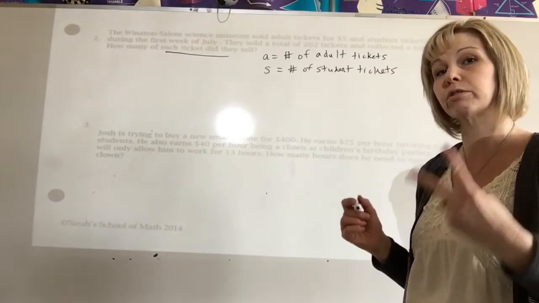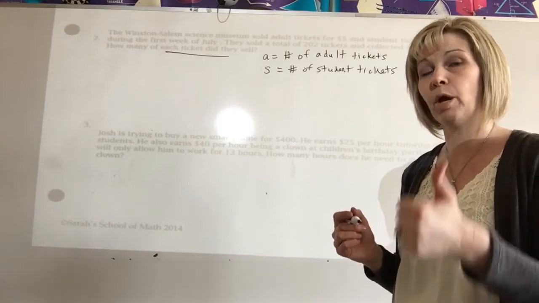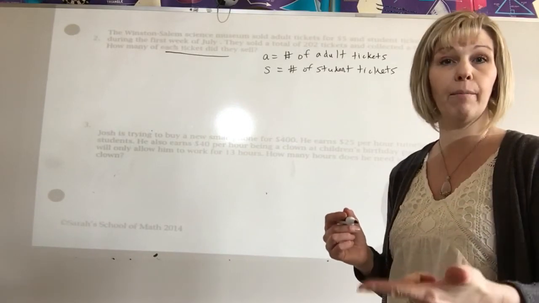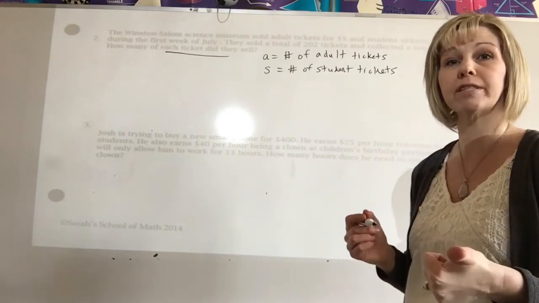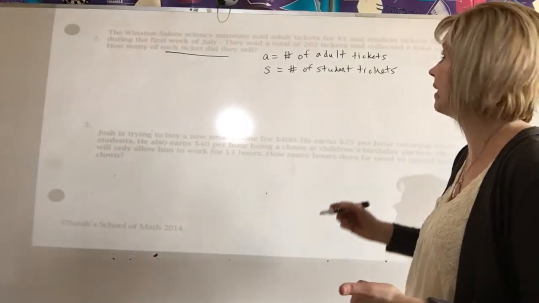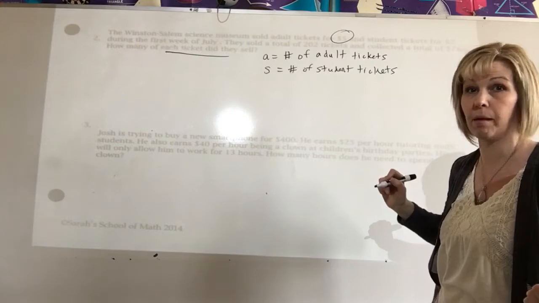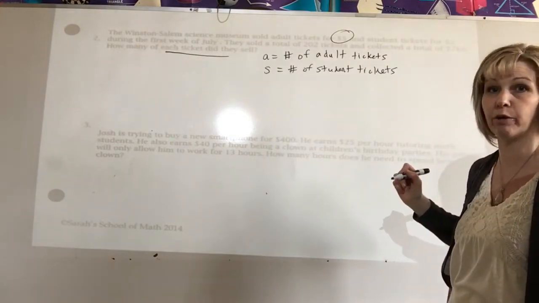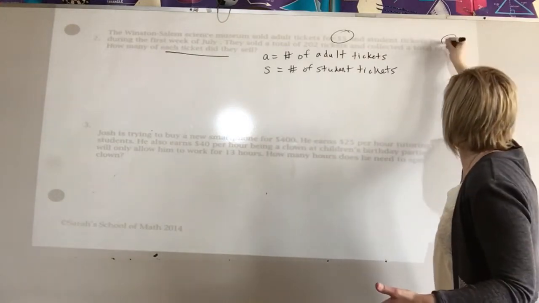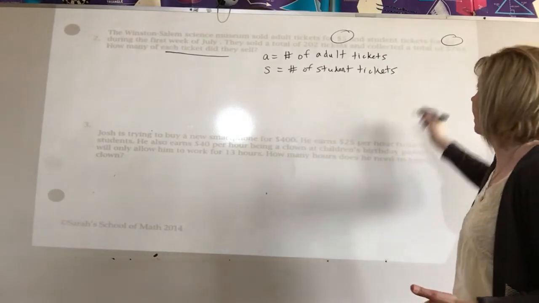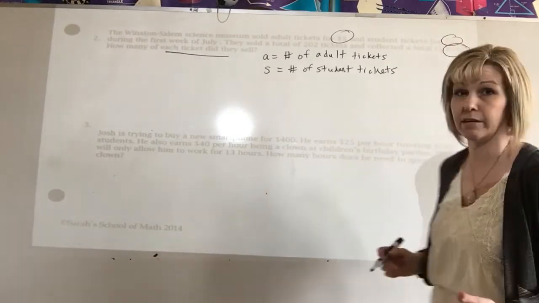There's really two types of information: money and the number of people that went. So first thing I would do is circle all of the money information: $5, $2, and collected 764.